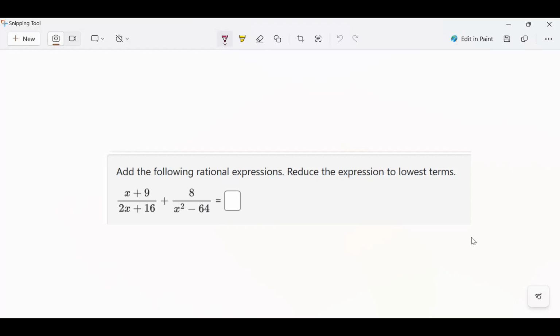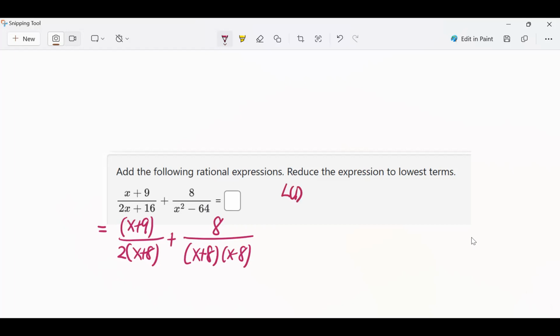All right, so let's go over the solution here. First of all, we'll factor the first fraction. Denominator factored by GCF, 2 goes out. Plus 8. And this one is a difference of 2 squares, so it's plus 8, minus 8 on top. Right, so then use the LCD.